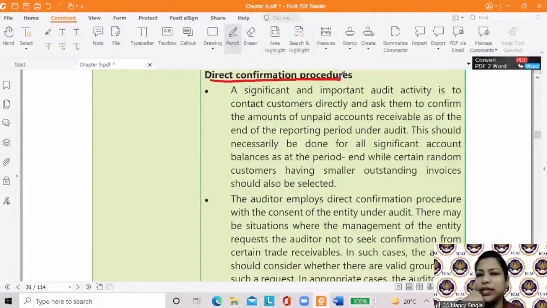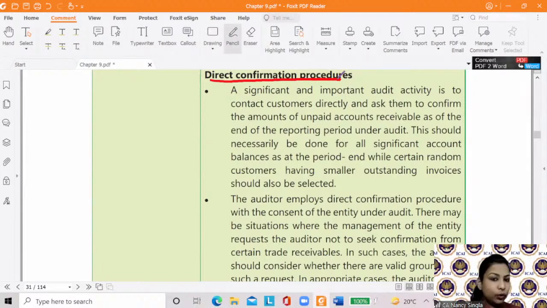So students, quickly tell me which method appears more preferable. First is when I'm asking the debtors whether it is 4 lakh or not, and the other is when I'm asking the party to tell me what the balance is. So first or second, just write one or two.